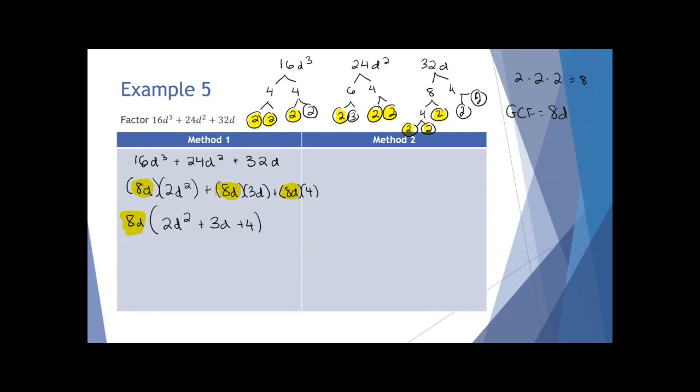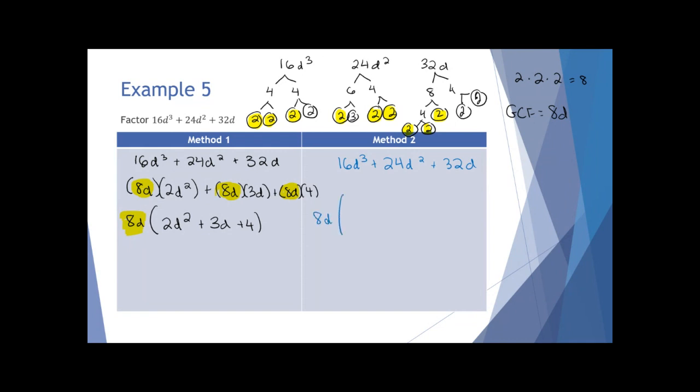So now let's take a look at my method. I'm going to do this in different colors, because I know I'm going to be running out of room here. I have 16d cubed plus 24d squared plus 32d. So my method says I start by writing out, I'm actually going to skip a line so that I have more room.